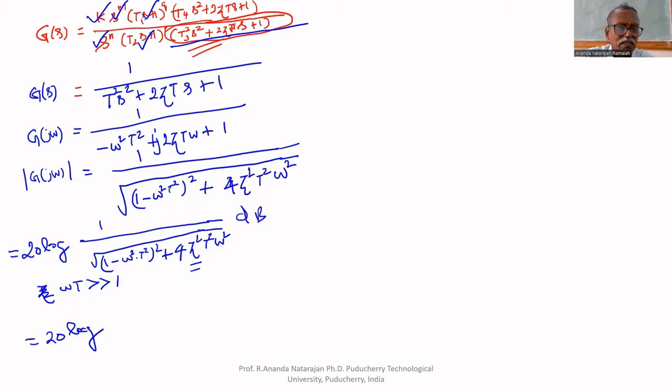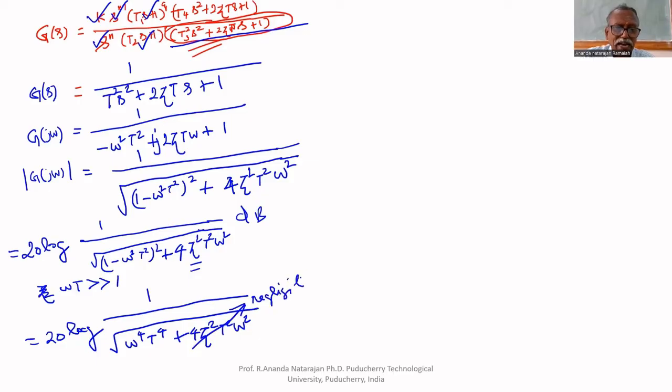This becomes the square root of omega power 4 tau power 4 plus 4 zeta square tau square omega square. This second term is also negligible compared with omega power 4 tau power 4, because the fourth power is the second power multiplied by zeta, which is less than 1.